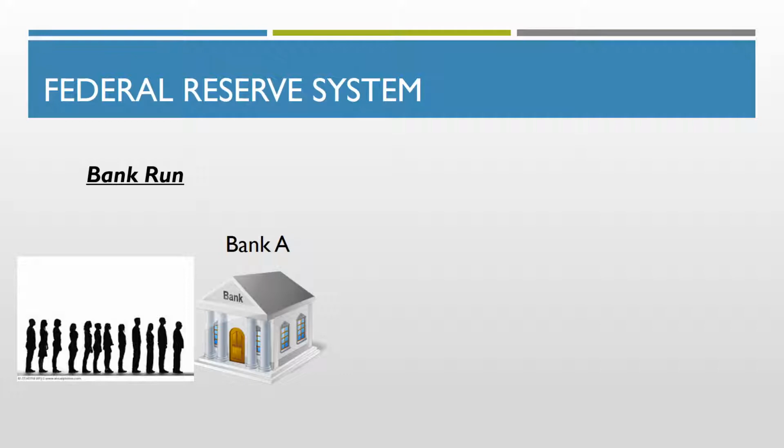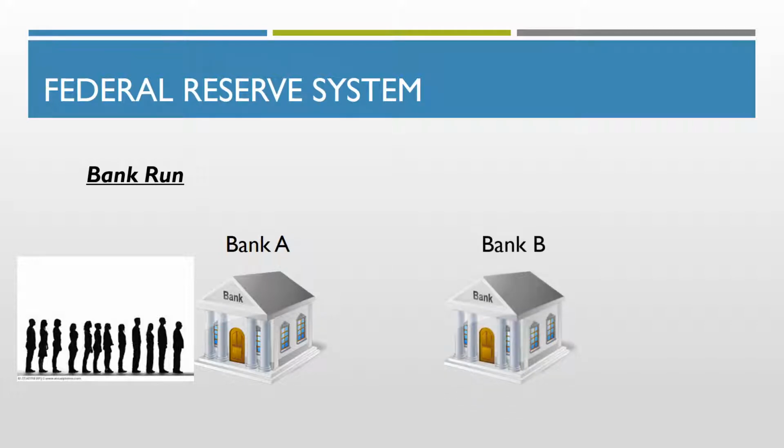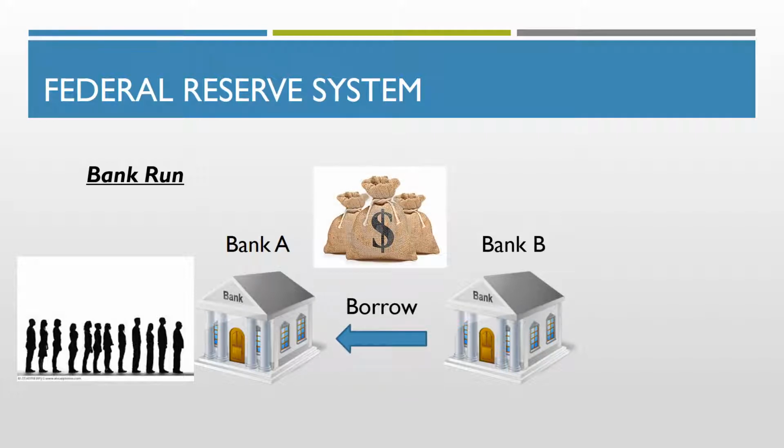So a bank run is when a bank experiences long lines of people trying to withdraw money all at one time. In such situations, that's not that big a deal for Bank A because they can always go to a rival and try to borrow money. Who has more money than another bank?